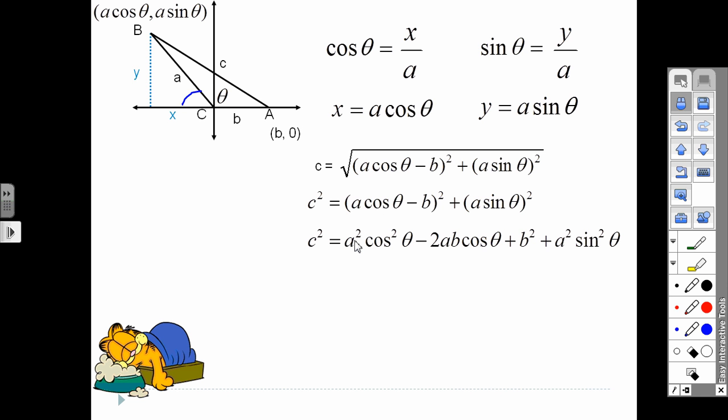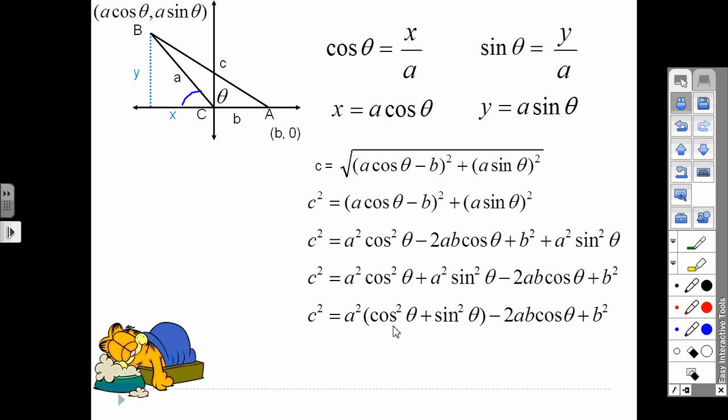So we get a squared cosine squared theta minus 2ab cosine theta plus b squared, and then this is just a squared sine squared theta. At this point, I'm going to rearrange this a little bit. I'm going to take this term and that term and move them together, so they're up front. From these two terms, I'm going to factor out an a squared, because then look at what this becomes.